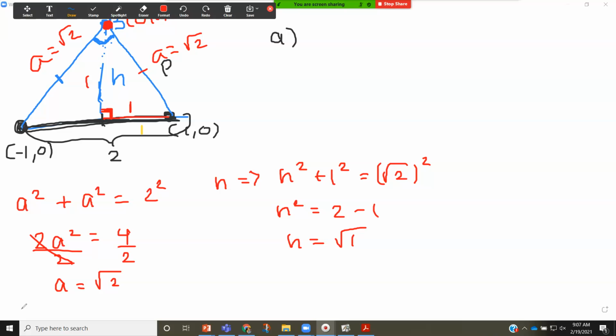So now for part A, your slope is y2 minus y1 over x2 minus x1, or 1 over negative 1, and my y-intercept is 1. So my linear equation is y equals negative x plus 1.